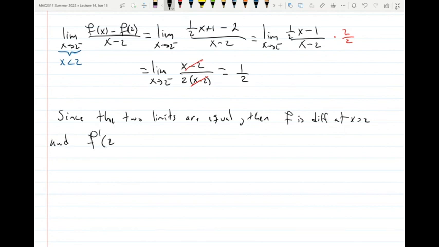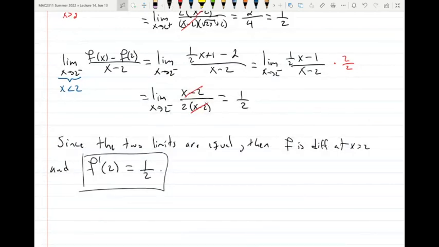And moreover, we can say what it is. This is equal to 1 half. Okay. Questions? Did you understand this?